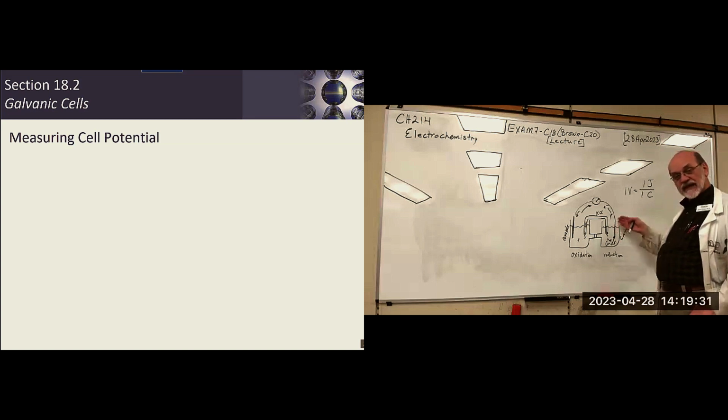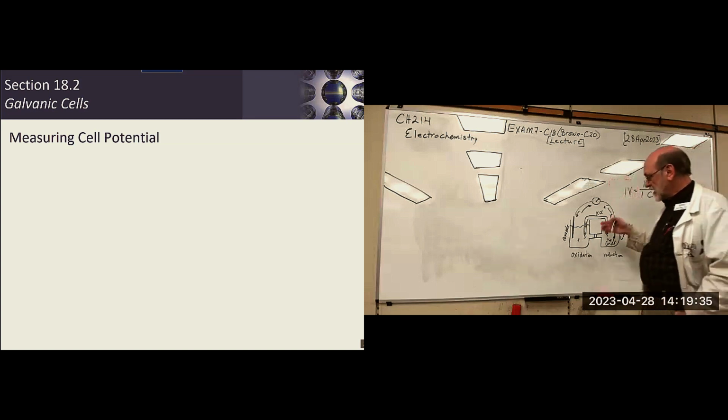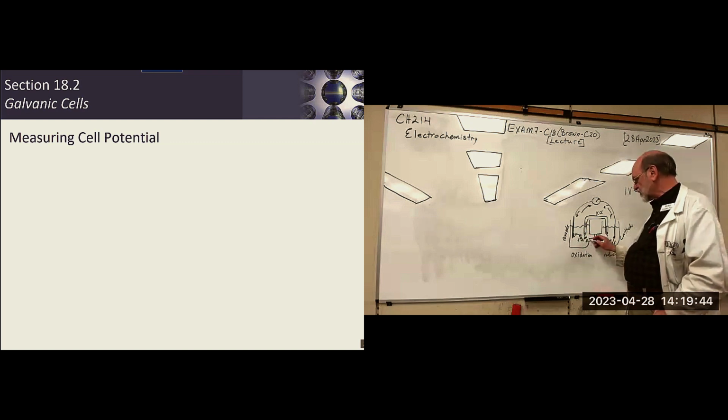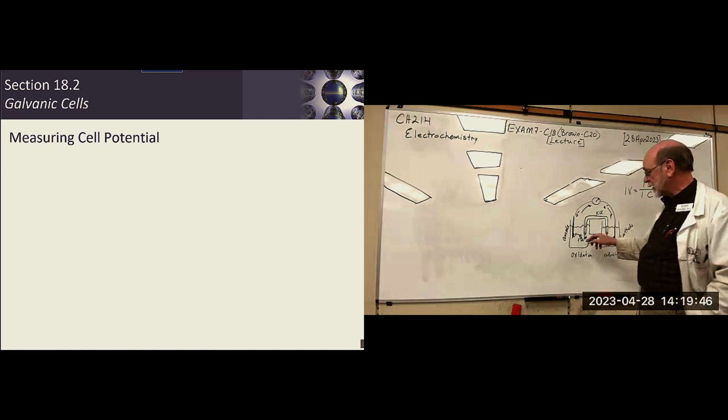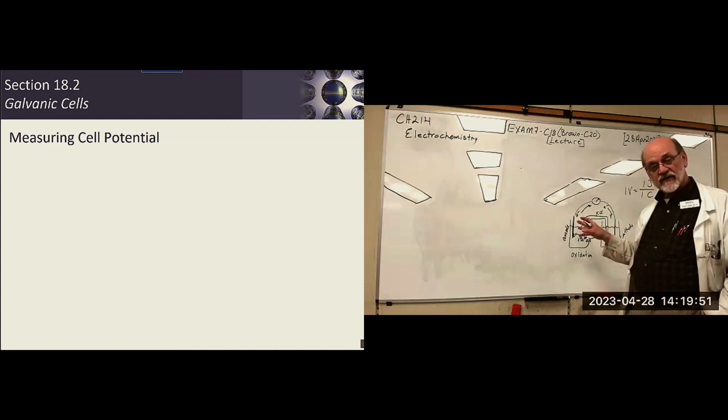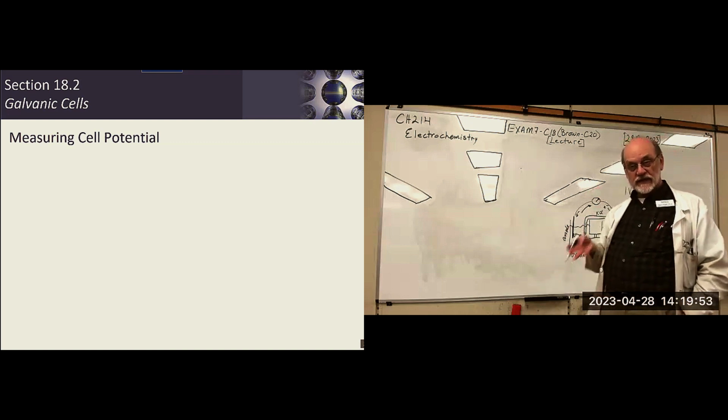So the mass of that electrode is going up as the reaction proceeds. And over here, the zinc is becoming zinc 2+ plus 2 electrons, and the electrons are moving over like that. So we're losing zinc from that electrode, and the mass of the zinc electrode is decreasing over time, and you can measure it.